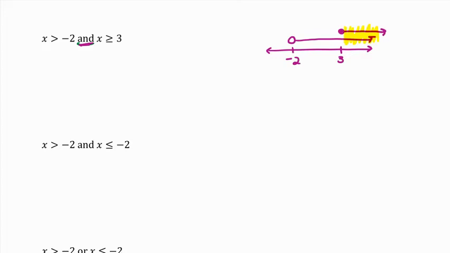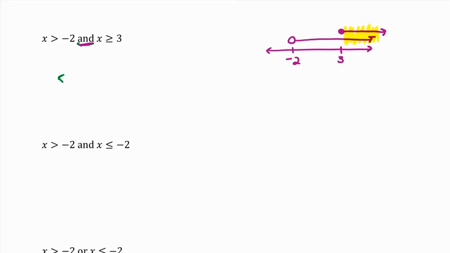Okay, so now when we make our final graph, I'm going to draw my number line. And we'll put -2 here and 3 there. And this time, actually, if I think about my final graph here, if I only want this spot here where they overlap, I don't really need the -2 on my graph, right?